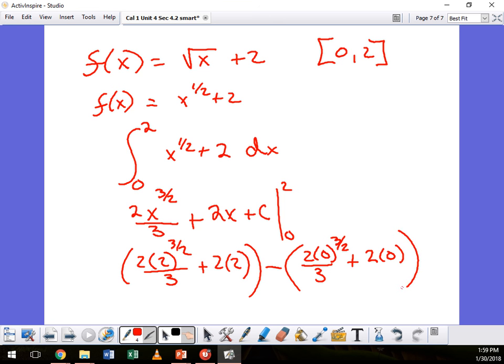The c would be adding right here and subtracting over there, so it's a plus and a minus c, so the c's go away. And we get that for an answer.